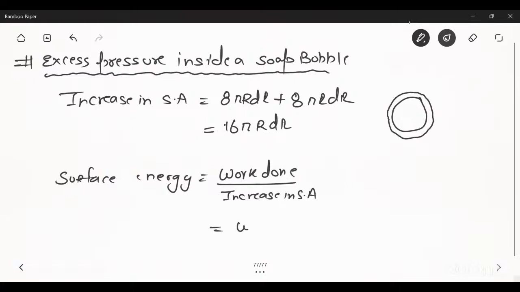So W upon 16 pi r dr, and we know that the surface energy is equal to surface tension, that is sigma. On cross multiplying you will get W is equal to 16 pi r dr into sigma. Okay, that was your equation first.